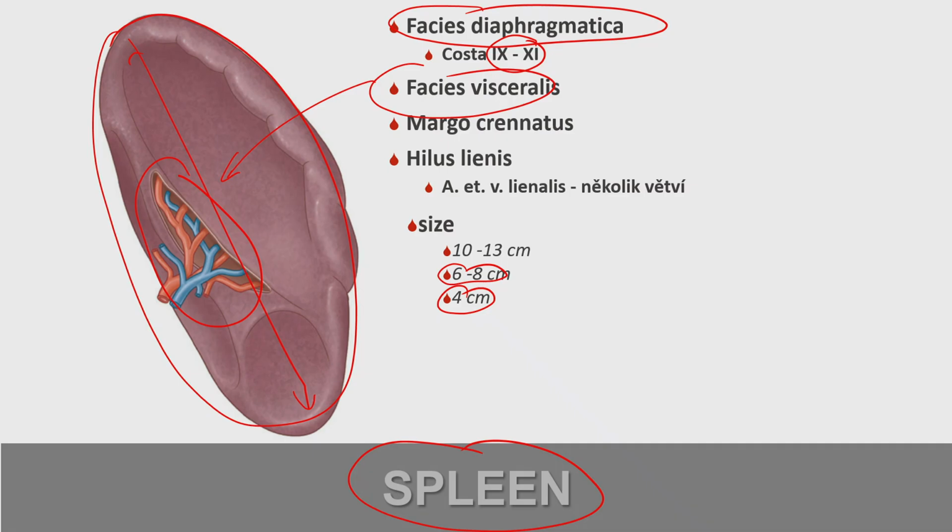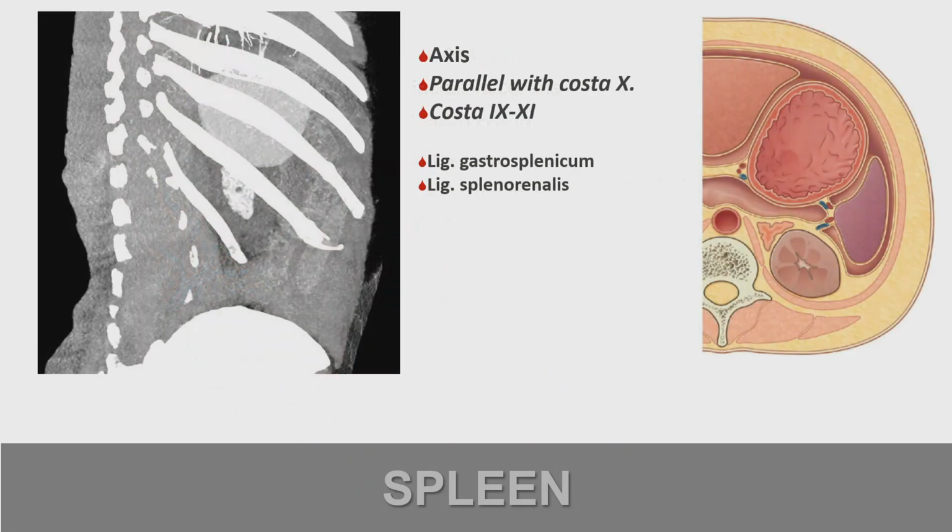And because the function of the spleen will be explained, is different, the cause of a large spleen could be also different. The spleen is localized along the axis of 10th rib.